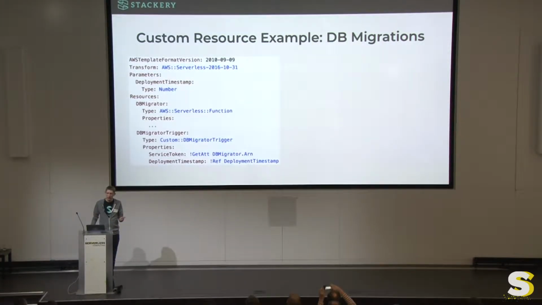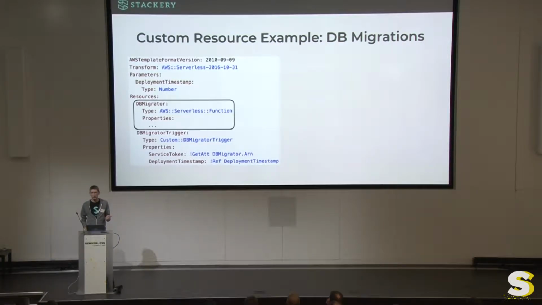So we're going to have here another template with a DB Migrator custom resource that's going to invoke our DB Migrator function, which has the capability that we've coded to migrate our database. We've got this trigger that's our custom resource that's going to run anytime its properties change.